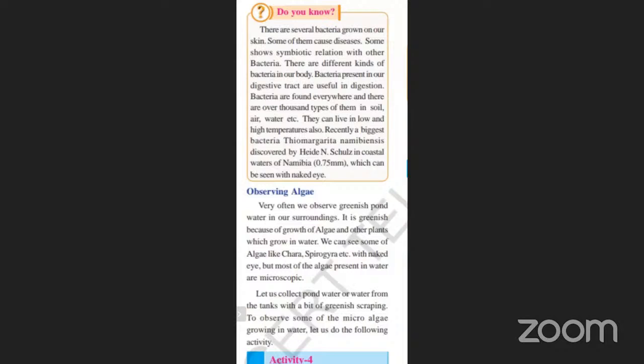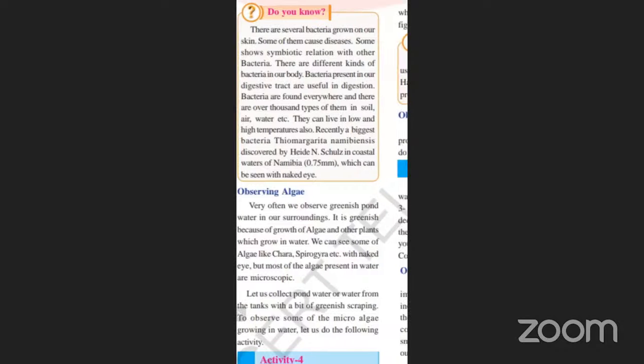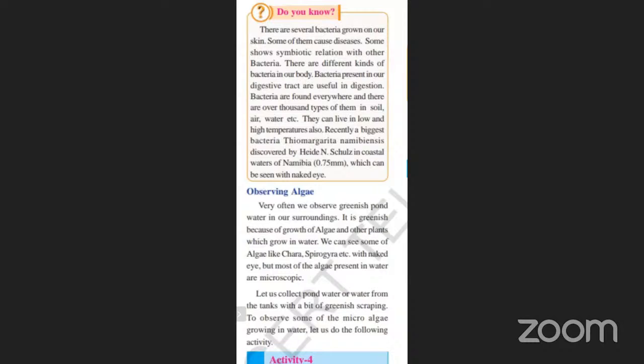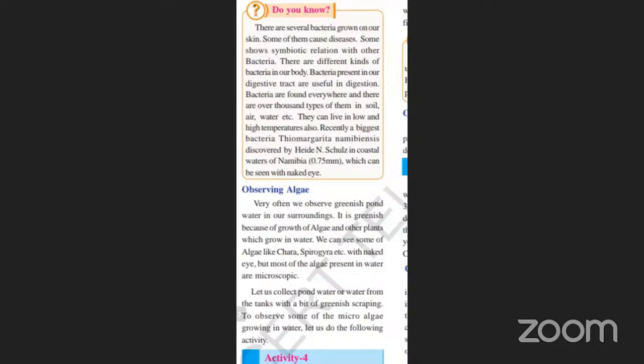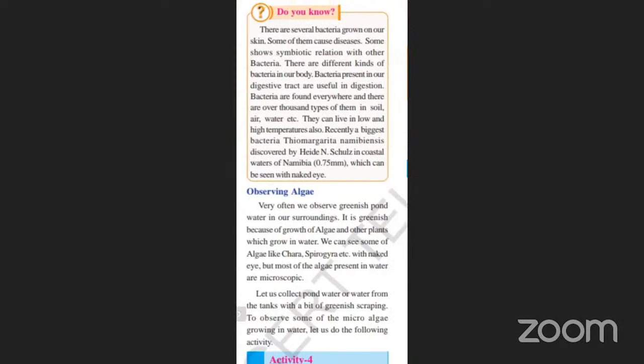So in those root nodules, the plant is the host and the bacteria is the parasite. So both will help together. What is the help here? The plant gives shelter for the bacteria. The bacteria excrete nitrogenous material, which is helpful for the plant.